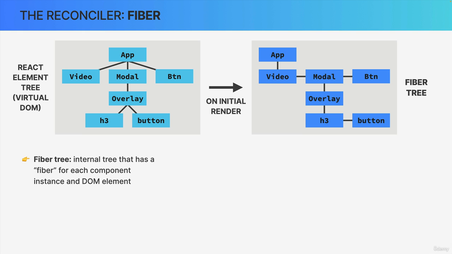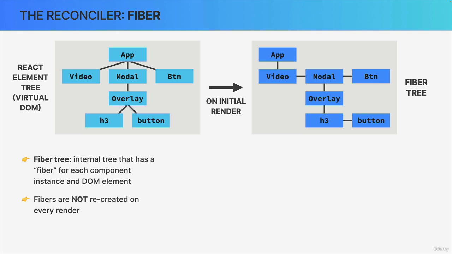Now, what's special about this tree is that unlike React elements in the virtual DOM, fibers are not recreated on every render. So the fiber tree is never destroyed. Instead, it's a mutable data structure, and once it has been created during the initial render, it's simply mutated over and over again in future reconciliation steps.